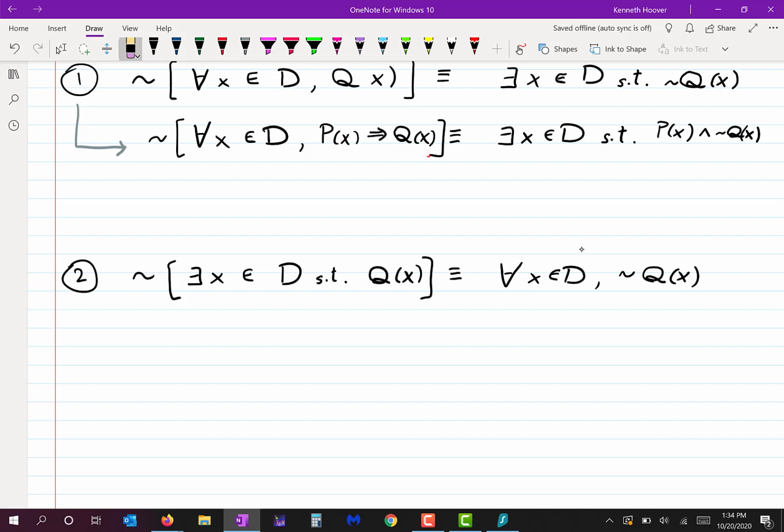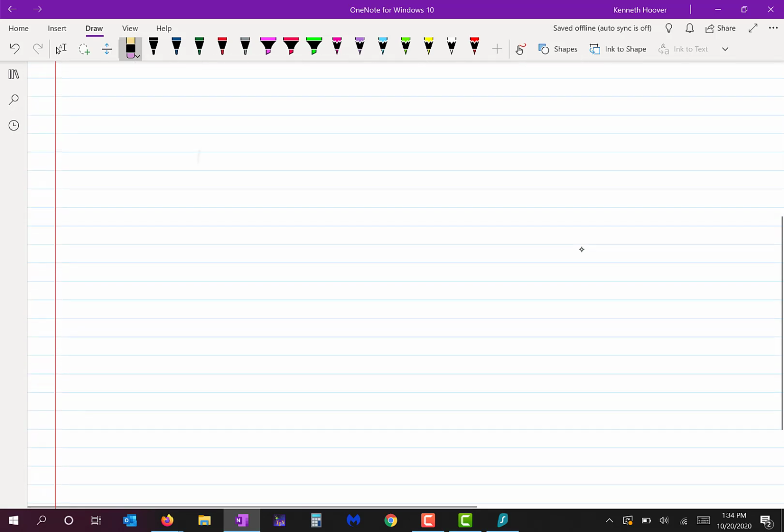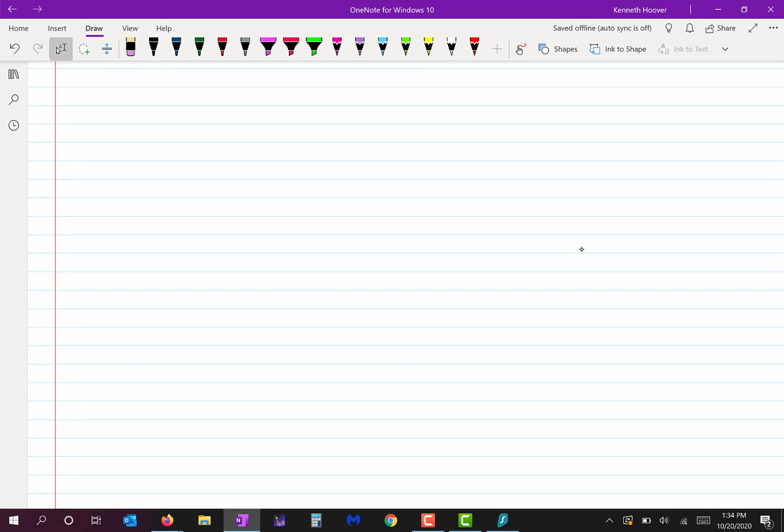Next little section. I want to review with you these words: contrapositive, converse, and inverse. You've seen them before, but I want to look at them a little bit deeper. So, let's say we have this statement.